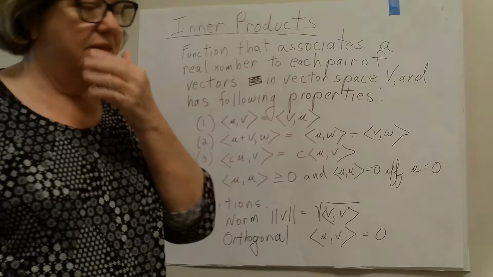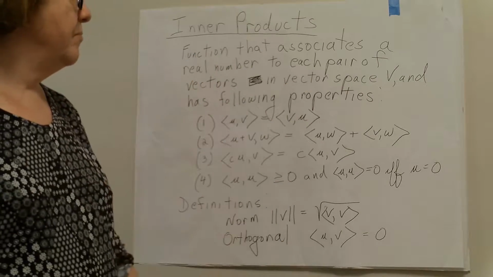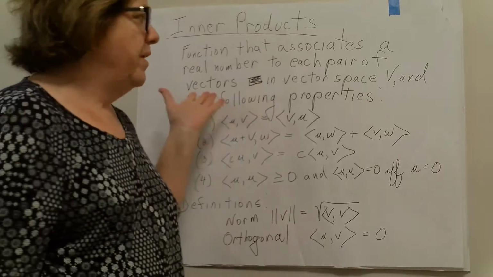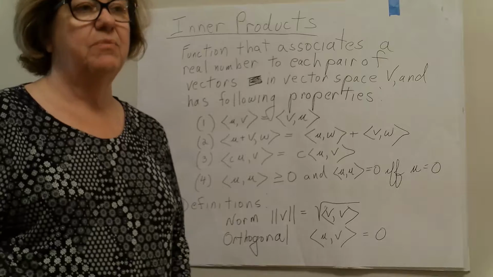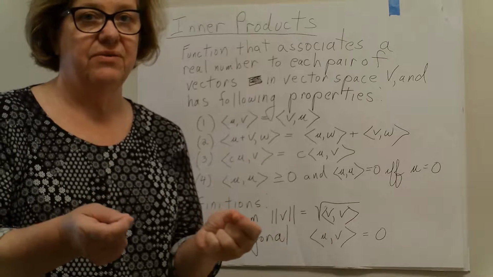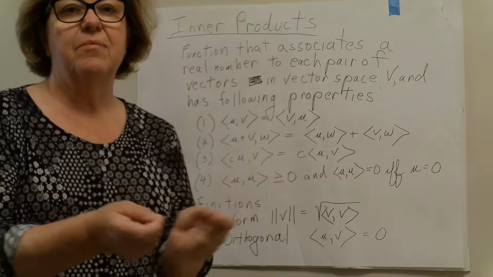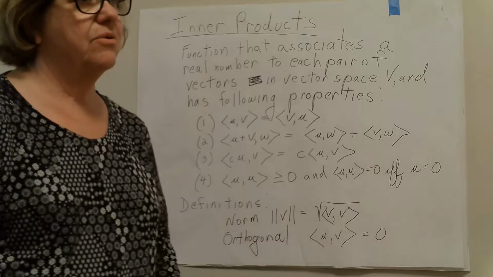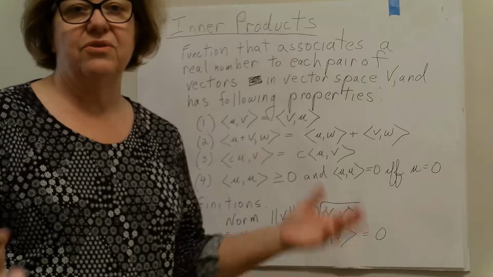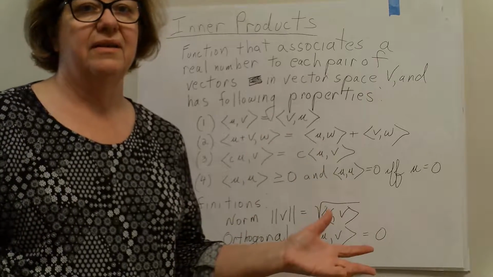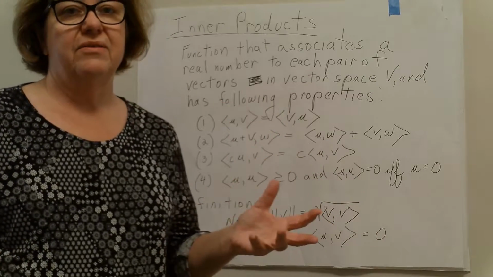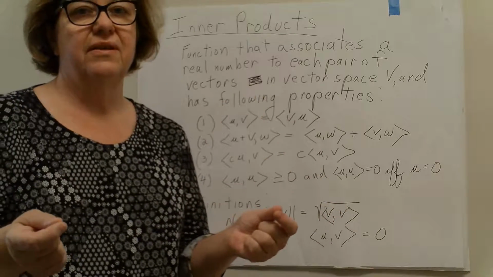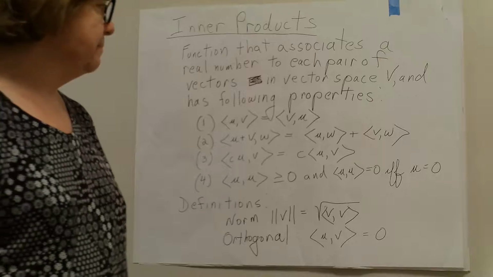It's a generalization of the dot product, because remember, in the dot product you take two vectors, you multiply each of the components and add them up, and you get a real number. So the dot product in R2, R3, or Rn is an inner product for those vector spaces, because they take two vectors and they associate a real number.